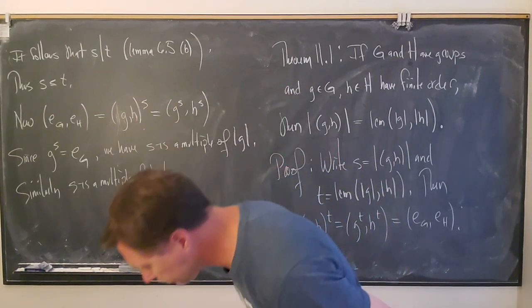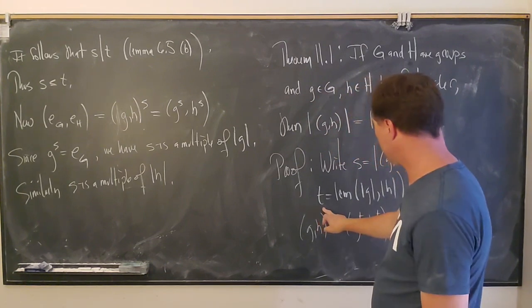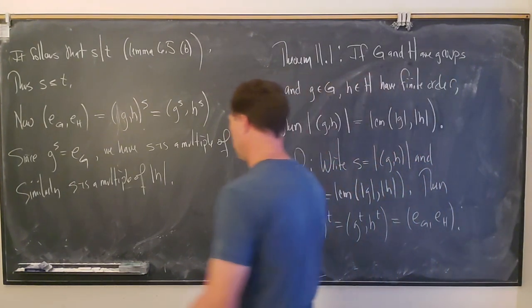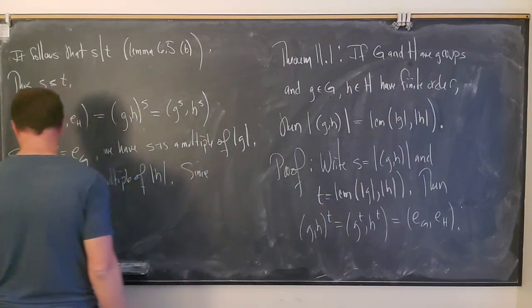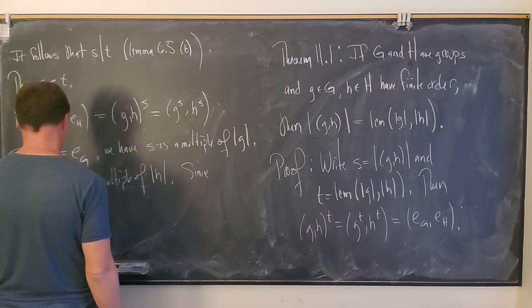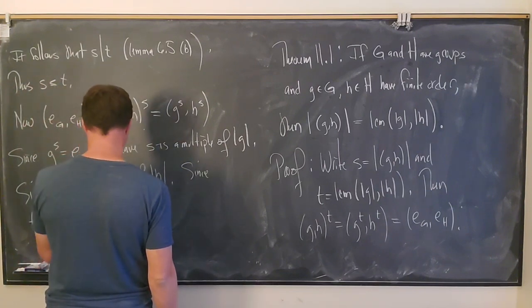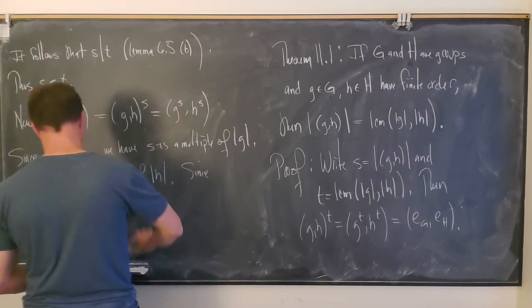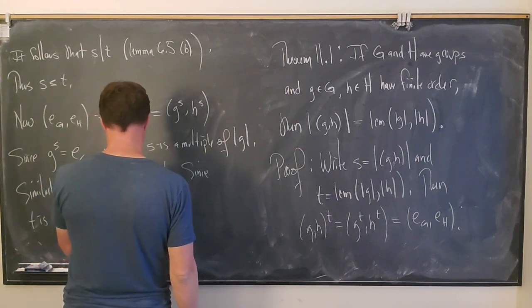Now, what do we know? T is the least common multiple of the order of g and the order of h.